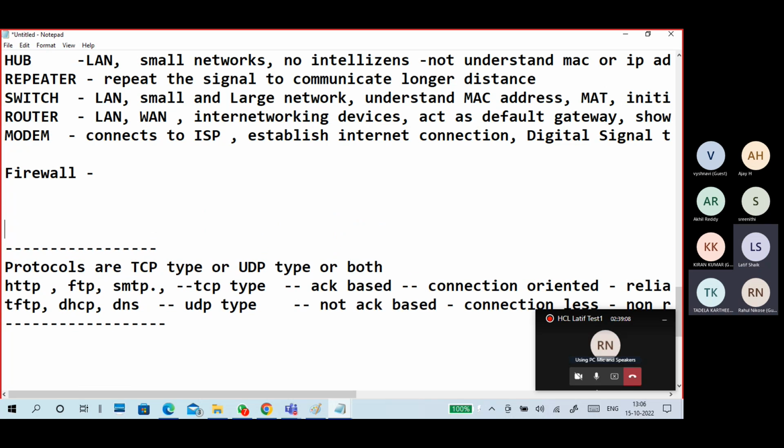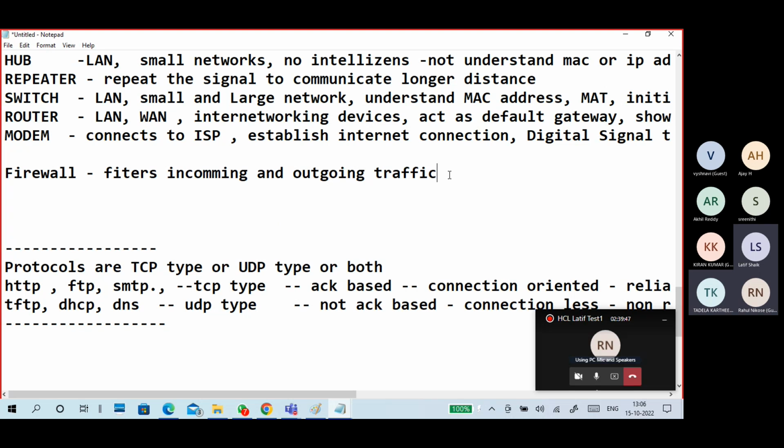Yeah, firewall. It filters incoming and outgoing traffic, an incoming packet or an outgoing packet.